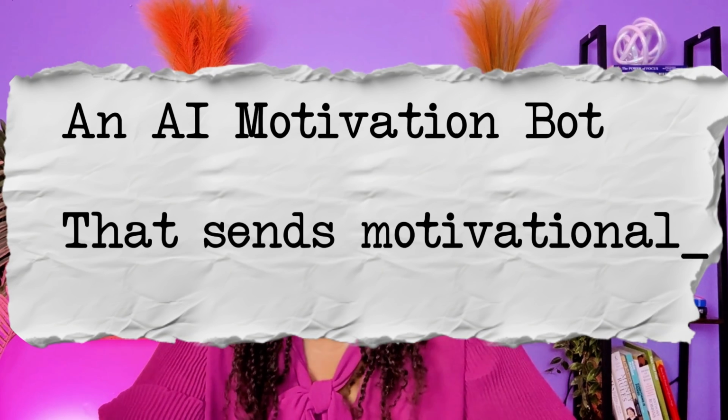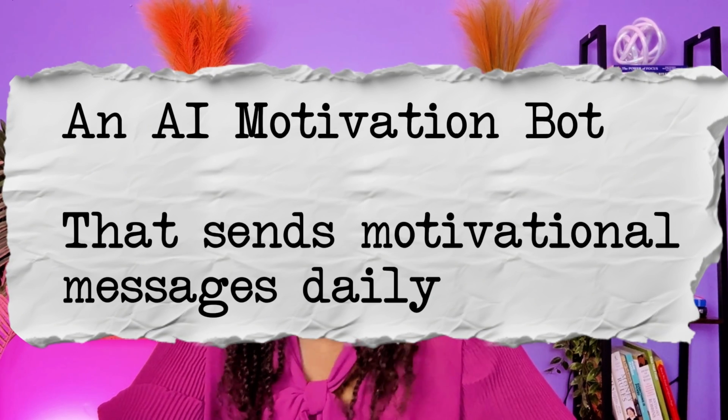All right, so now that you know what an AI agent is and what APIs do, let's look at the game plan for today. Today specifically, you're going to build an AI motivation bot that sends you a motivational message every morning automatically. And here's how it's going to work, okay?